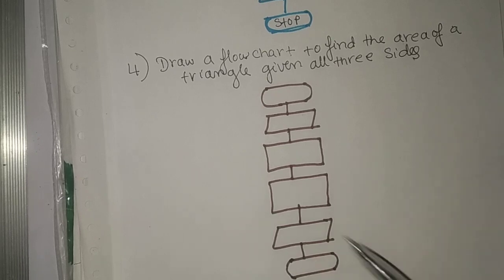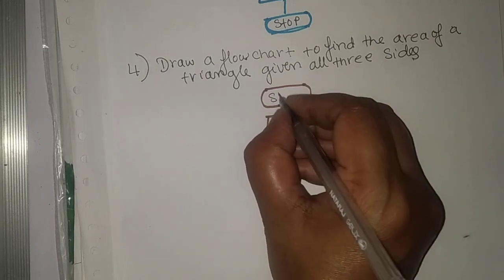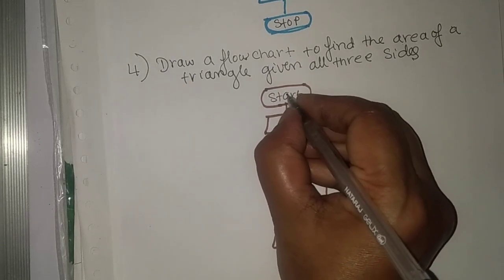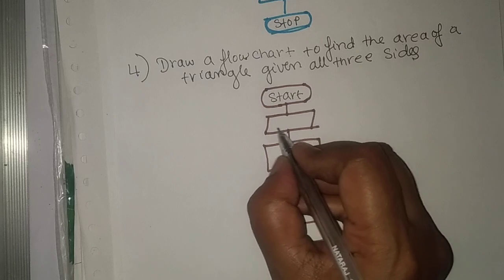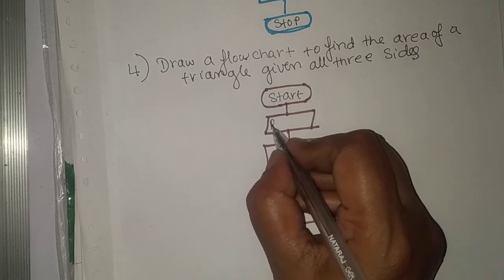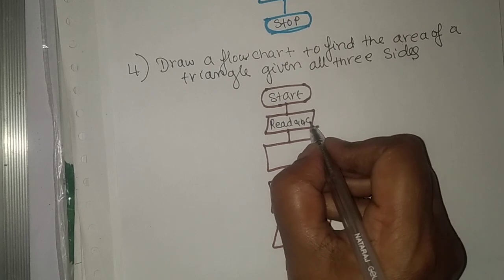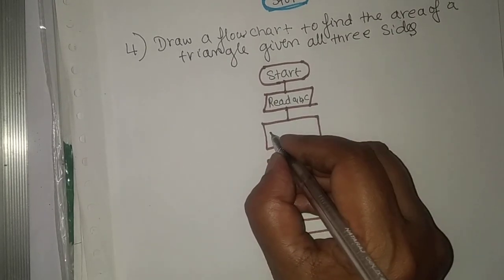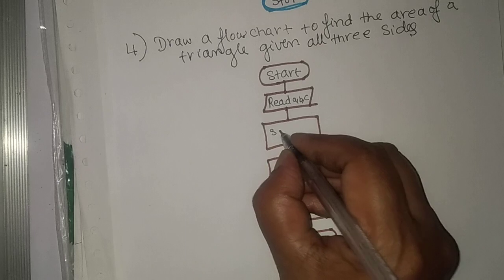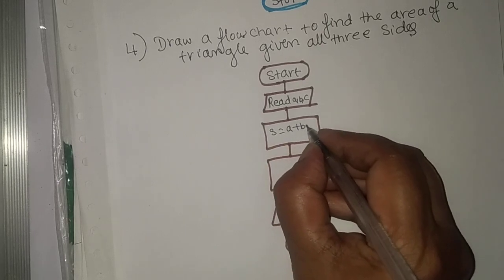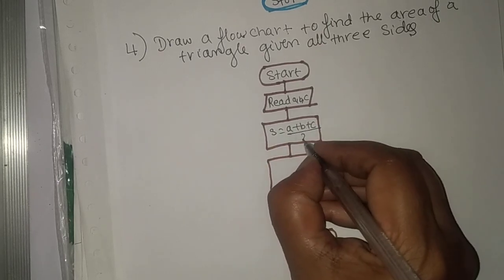So first step is start. Then this one is read A, B, C. Next is S is equal to A plus B plus C by 2.